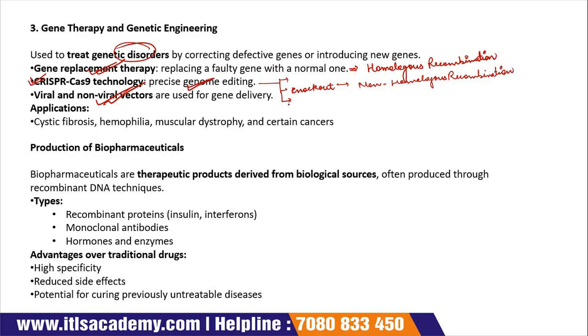For knock-in, we use the concept of homologous recombination. And the basic principle of CRISPR-Cas technology is based on the basic principle of the bacterial adaptive immune system.